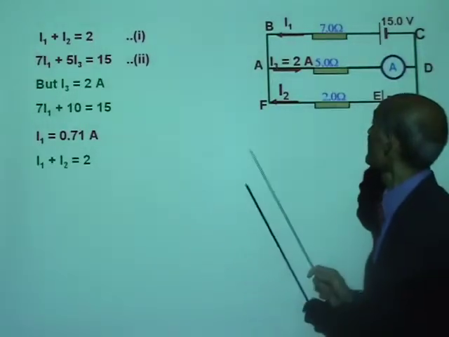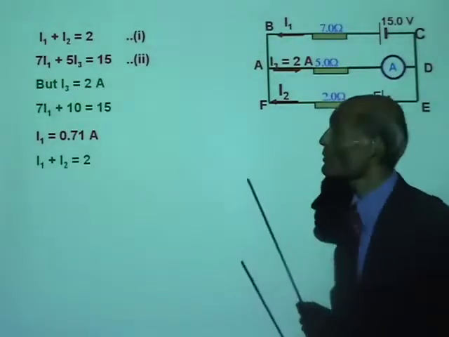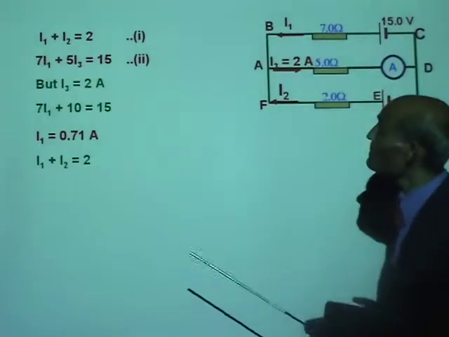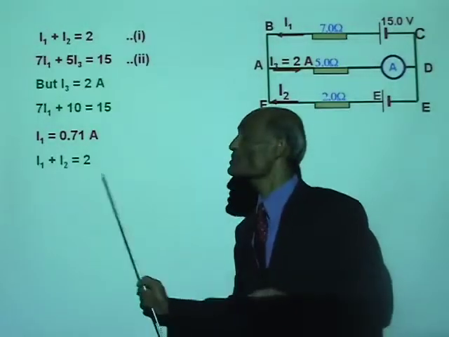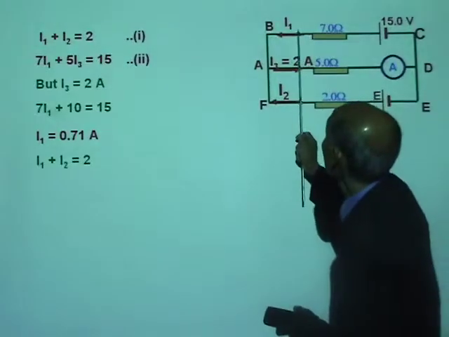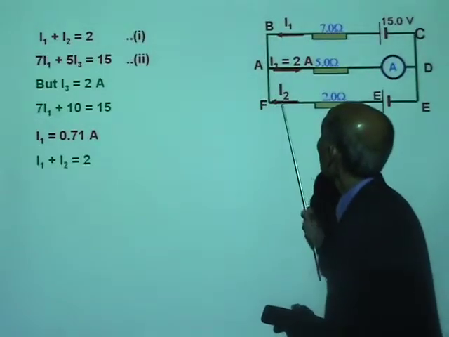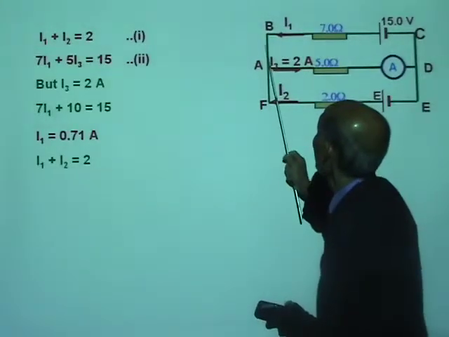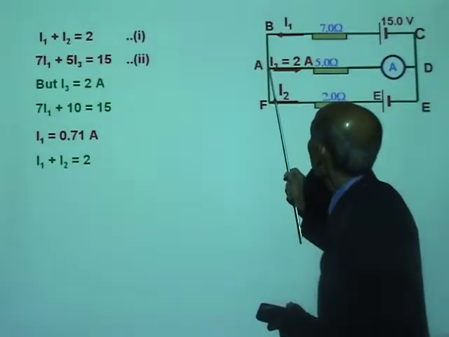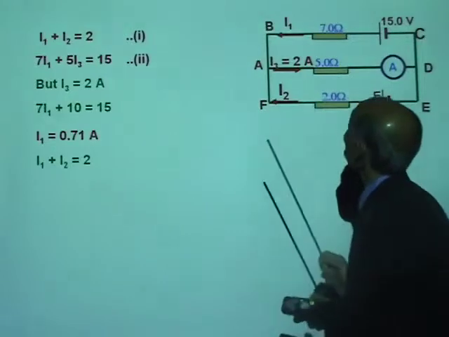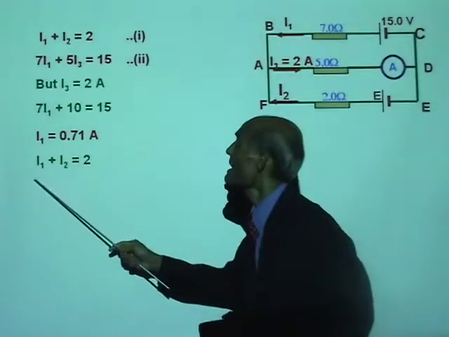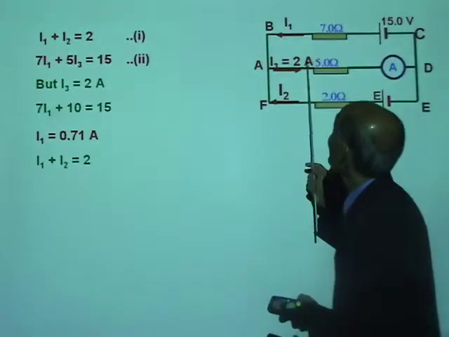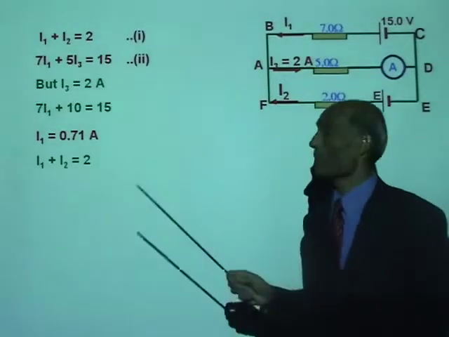Well, there is another equation we can use. I1 plus I2 equal to, isn't that our first equation? Our first equation is I1 plus I2 equal to I3, or I1 plus I2 minus I3 equal to 0, which is the same as I1 plus I2 equal to I3, and I3 is 2 ampere.